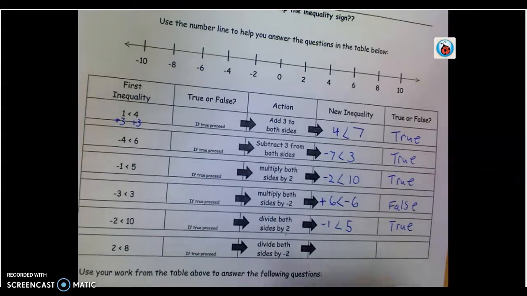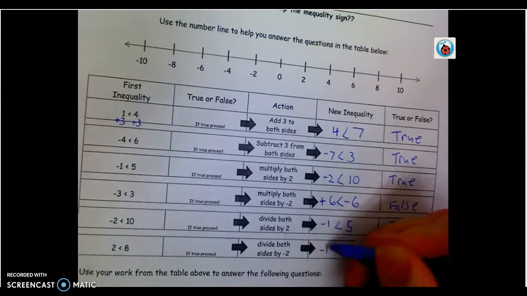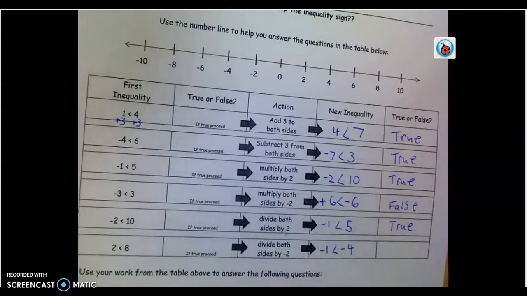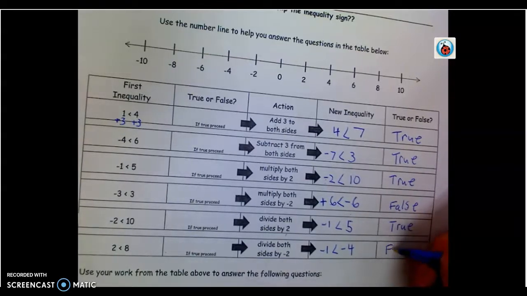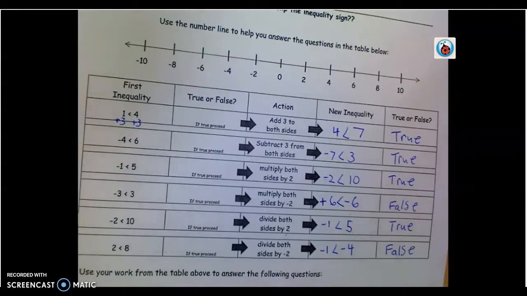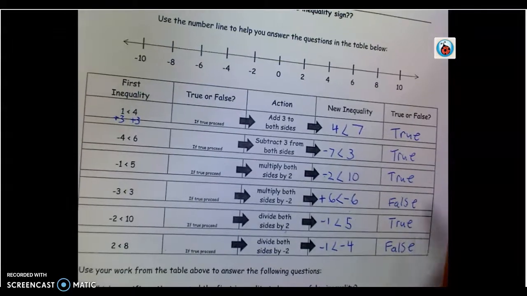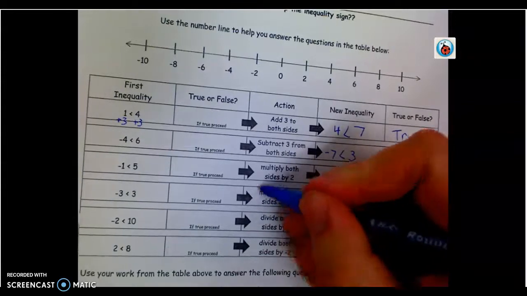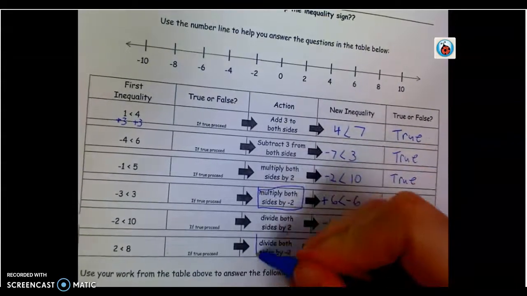And for divide by negative 2, that becomes negative 1 is less than negative 4, which is false. So out of all of those, we got two false statements, this one and this one.